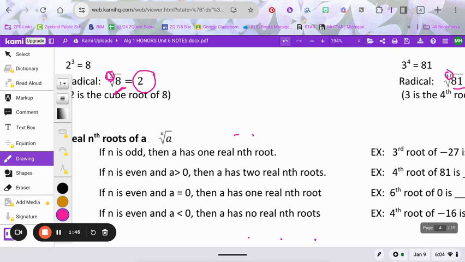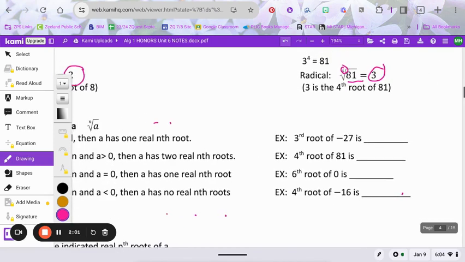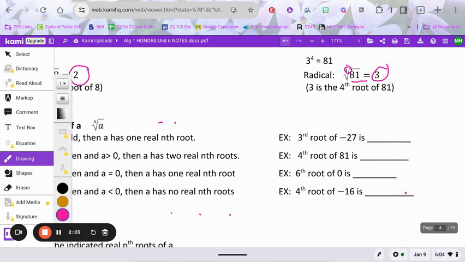So the first rule is, if you have an odd root, there's only going to be one real root. Or rather, if n is odd, you're only going to get one root. So, for example, here it says the third root of negative 27 is what?